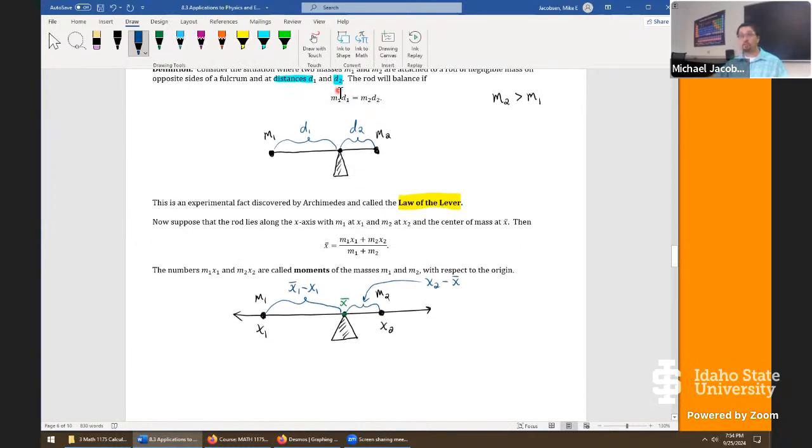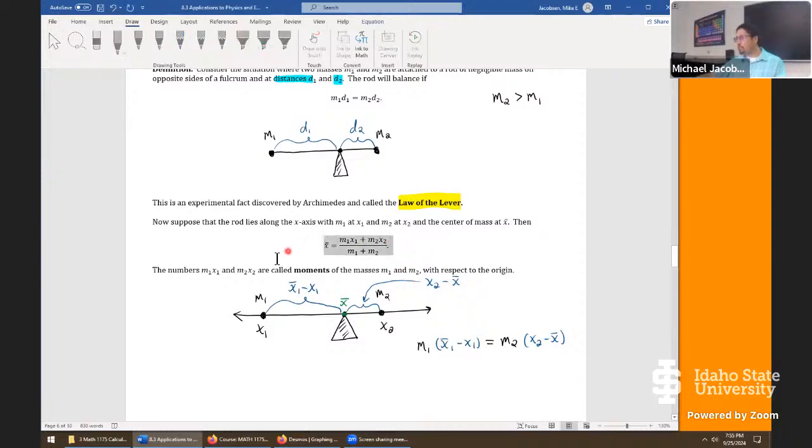If we reuse the law of the lever, we take mass 1 multiplied by distance 1, which is x bar minus x1, and set that equal to mass 2 multiplied by distance 2, that's x2 minus x bar. Our goal now is to solve that equation for x bar.